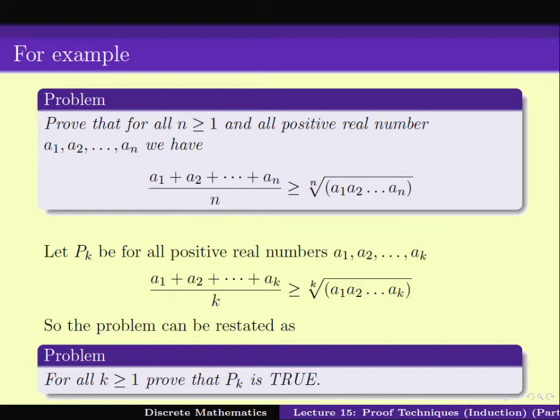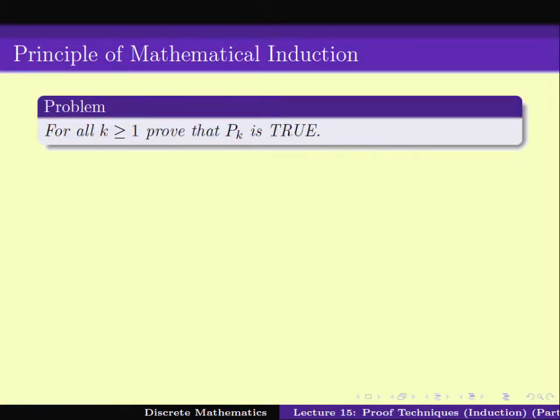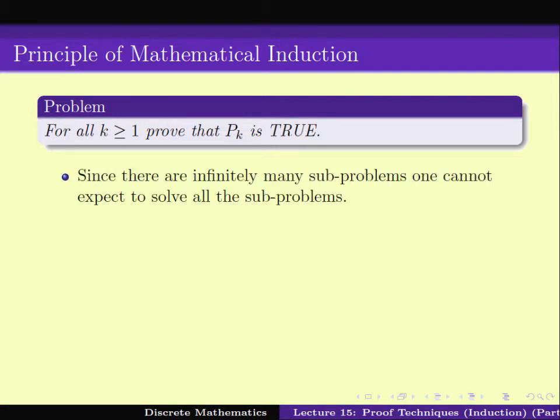Now, these are all examples of how a problem can be split up into an infinite number of subproblems. But once we have this infinite number of subproblems, how do we solve them? Surely we cannot go on solving every one of them because they are infinitely many.